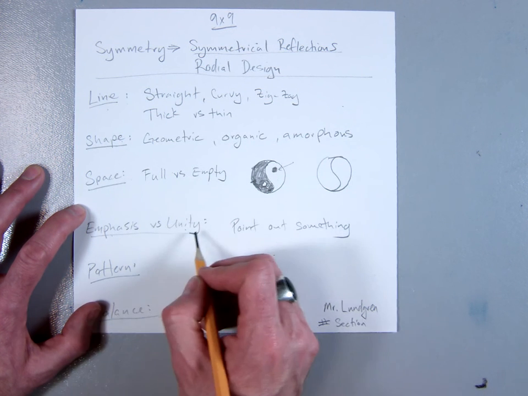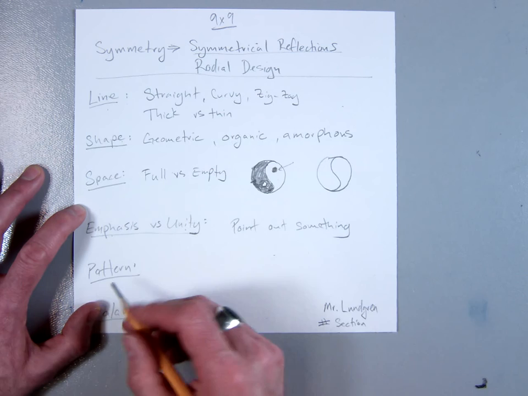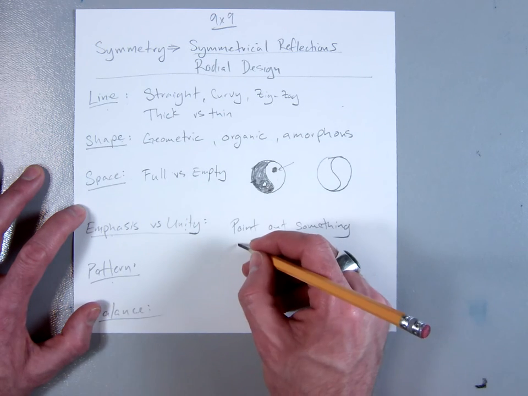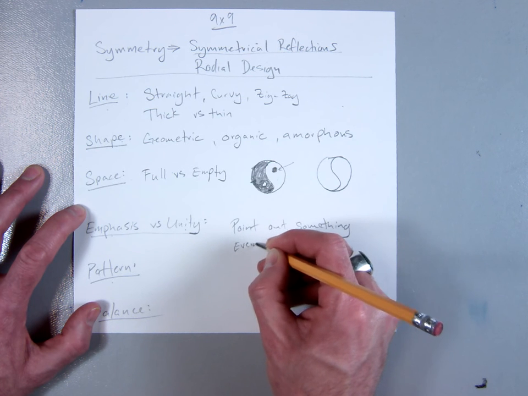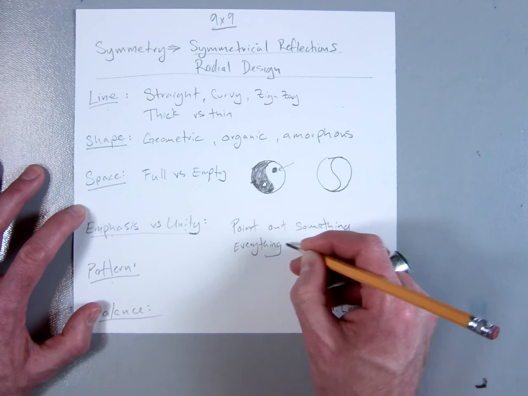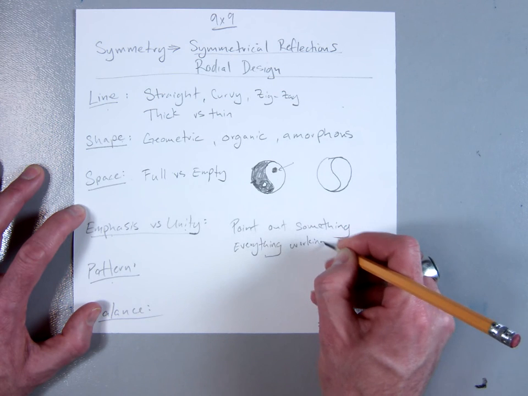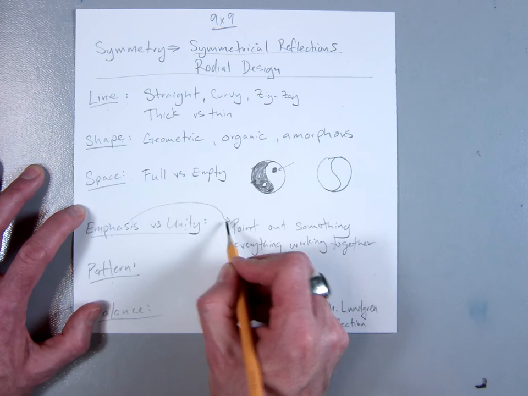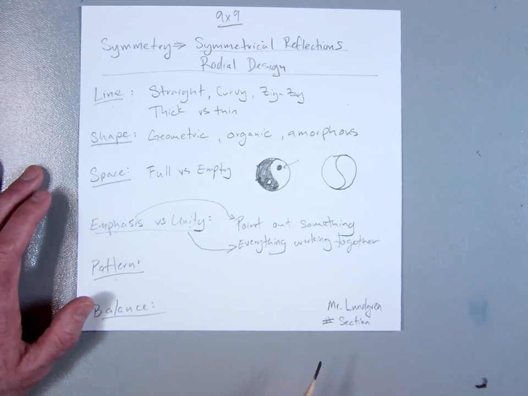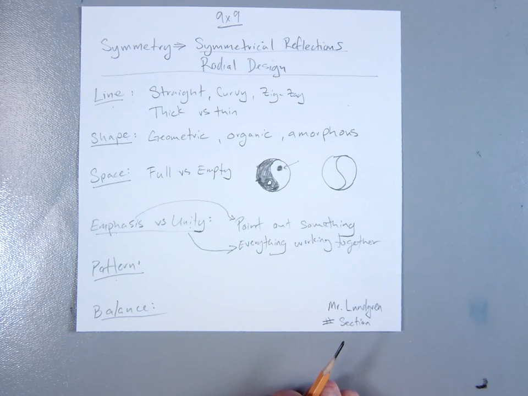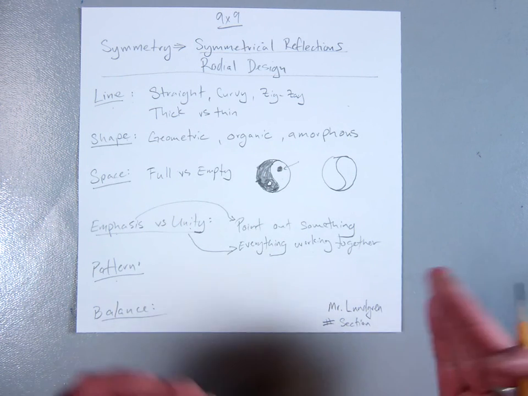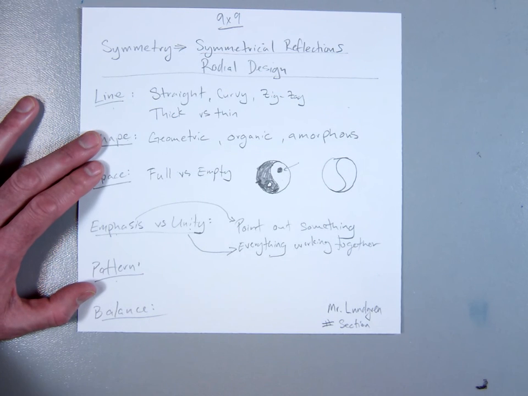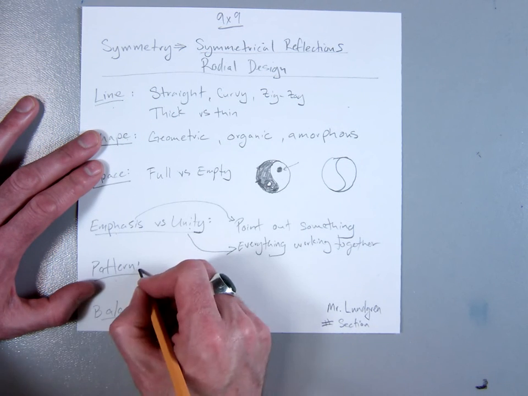All right, versus unity, whether we keep a pattern and we repeat that pattern over and over and create a unity or a feeling of everything working together. We have to decide how we're going to balance those two out, because emphasis and unity often play off of each other. They're usually not all by themselves. Somehow they're usually used to work together.